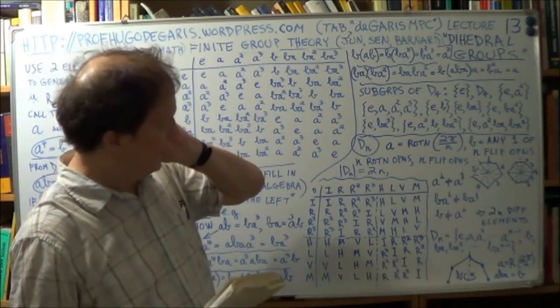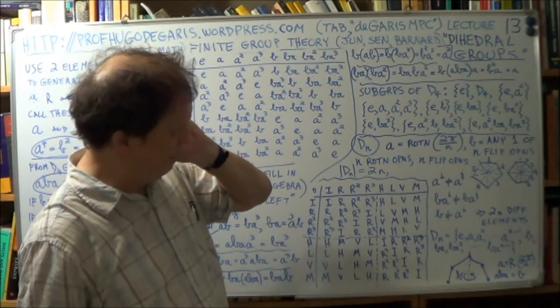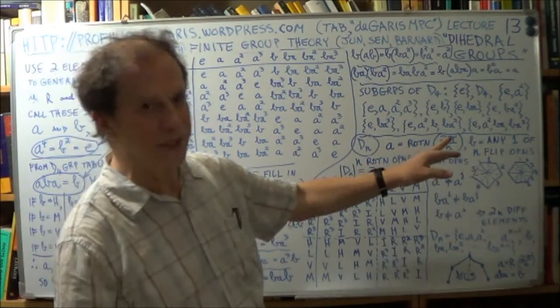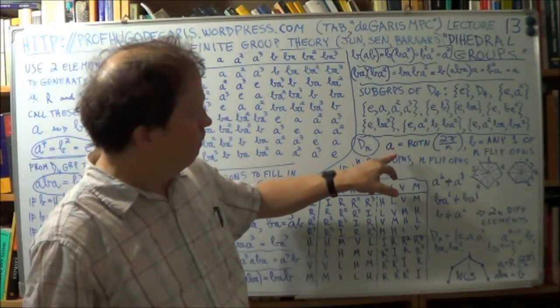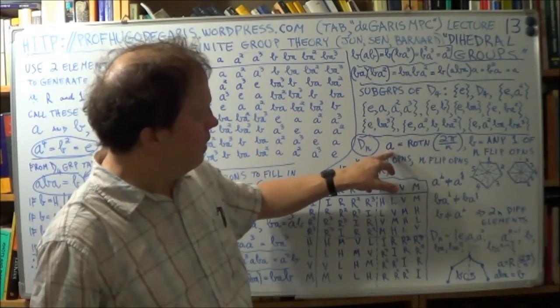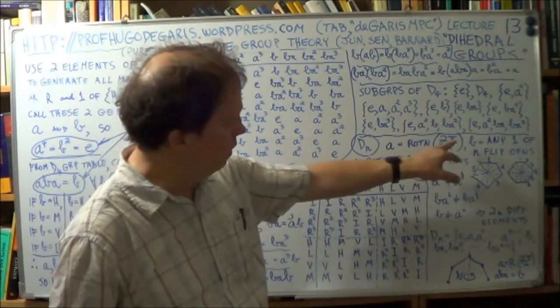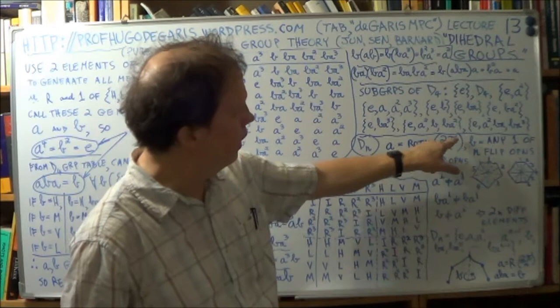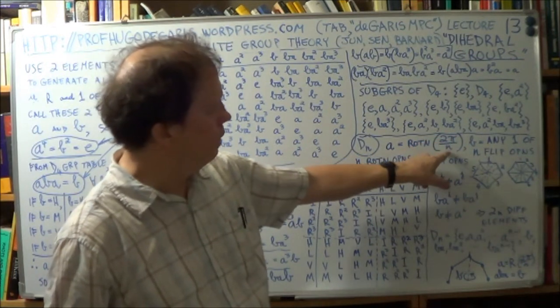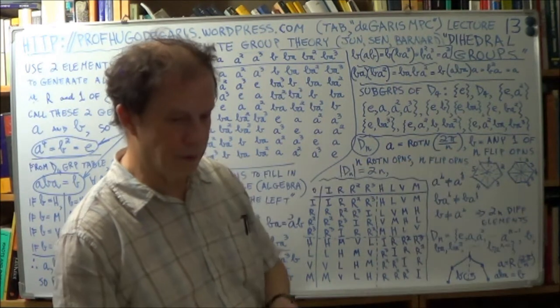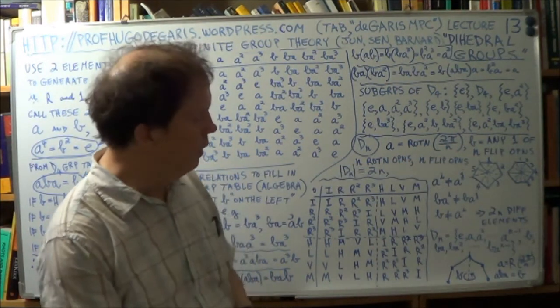Well, I'll just throw it at you a little bit. I mean, it just had to be discovered, of course. Let A here be the rotation of 360 degrees, or 2 pi radians, divided by n. Now n is the number of sides.